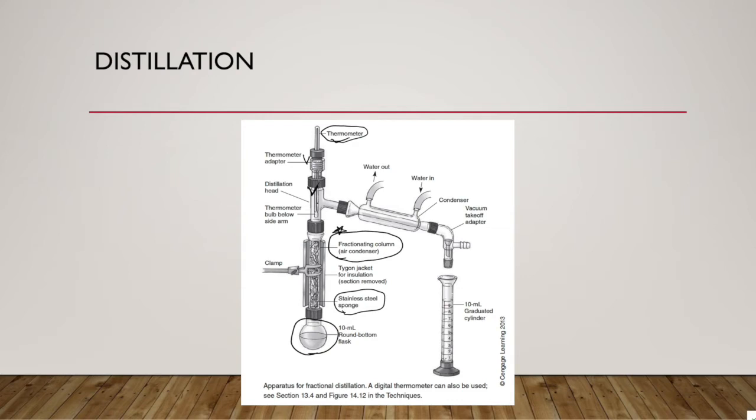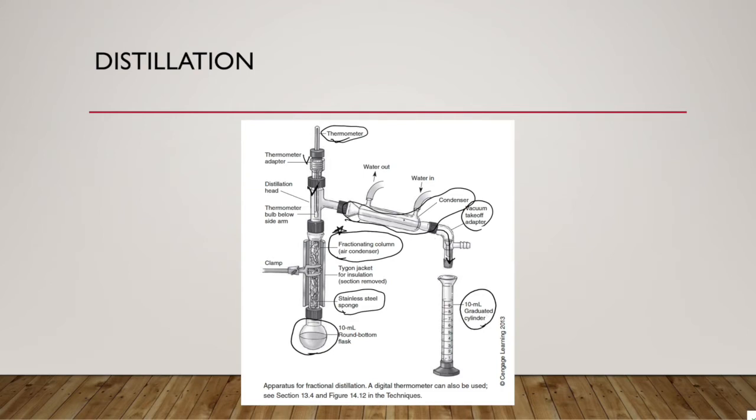Then from this distillation adapter, we're connecting this water cooling condenser. The last glassware is a vacuum takeoff adapter to provide the distillate a path to fall down to our collector, which is a 10 milliliter graduated cylinder.